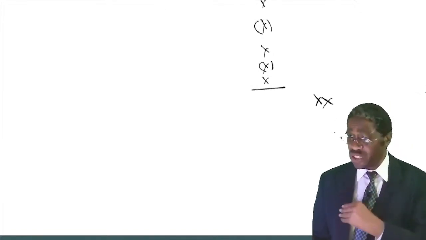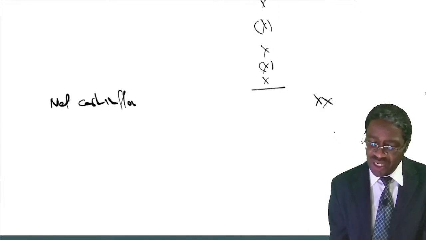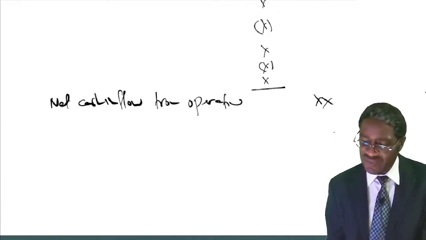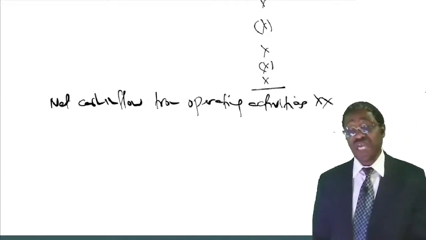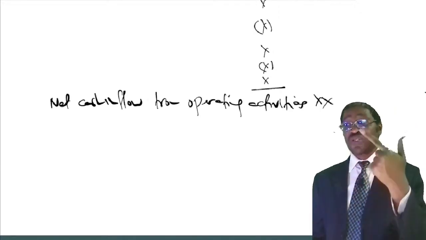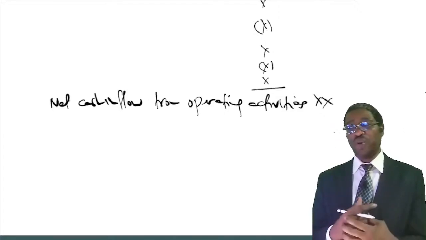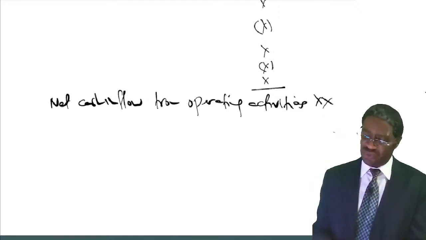If it was a positive amount, you called it net cash inflow from operating activities. If it was a negative, you used to call it net cash outflow from operating activities. That was the first class of the cash flows.